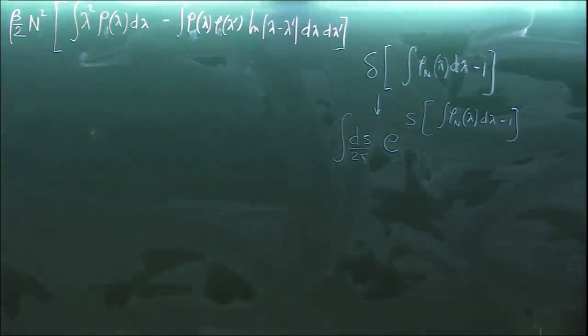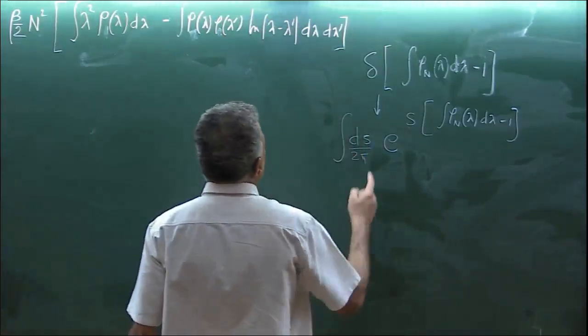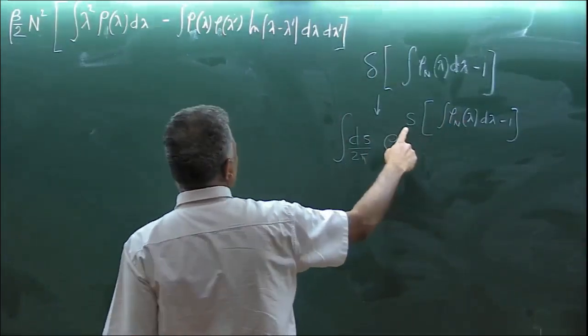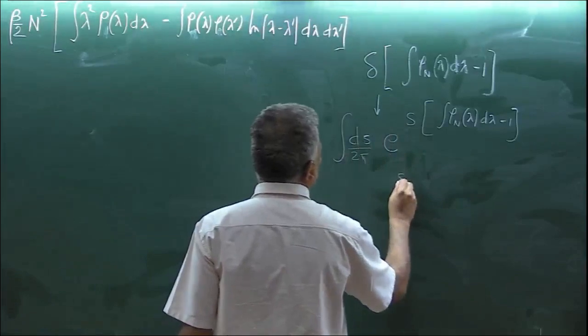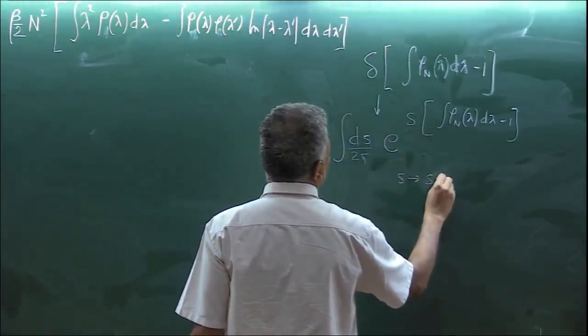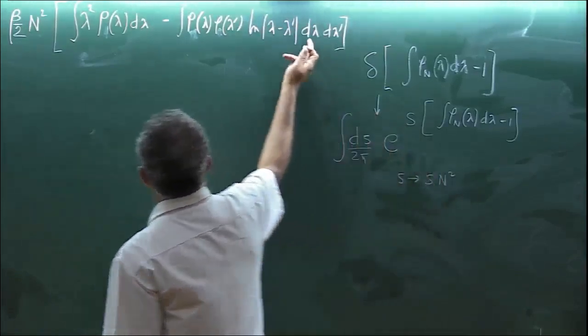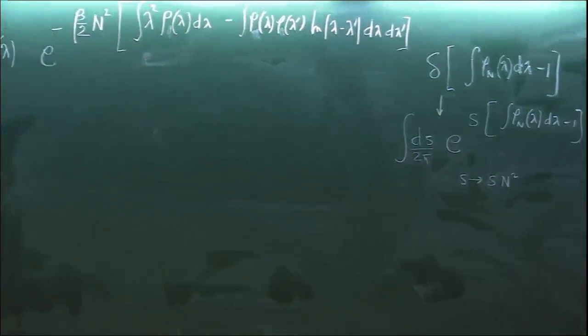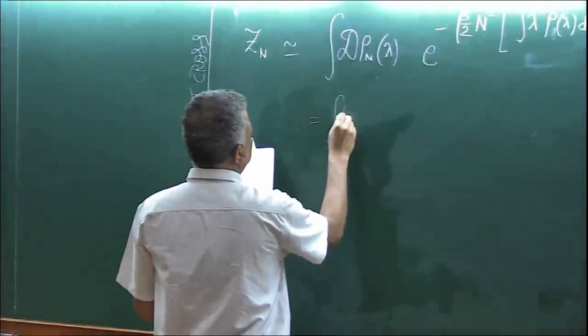So this is just a Lagrange multiplier, and now we want to rescale because this constraint is important. So you can rescale s to s times n square so that this is of the same order as this term. If you do that, then finally what you get is something like this.